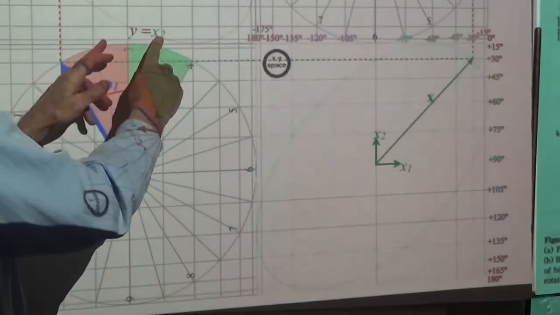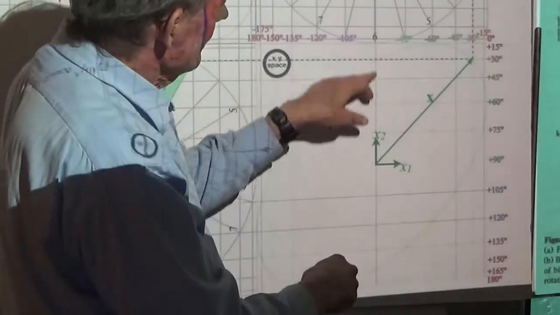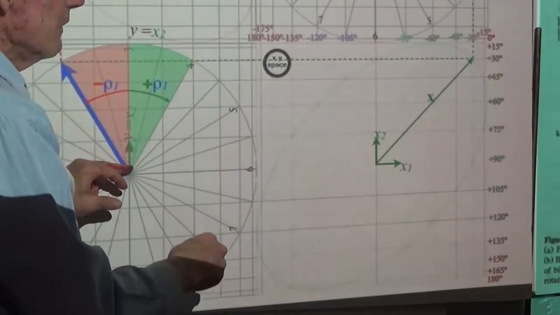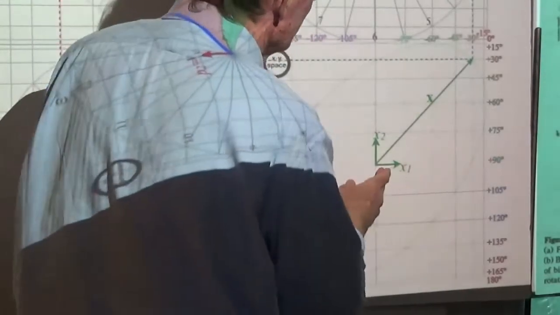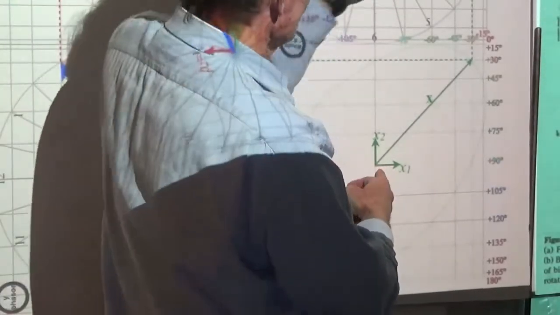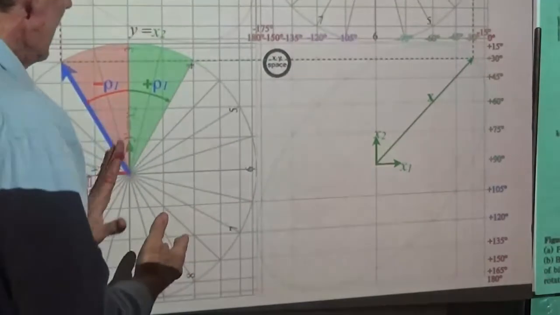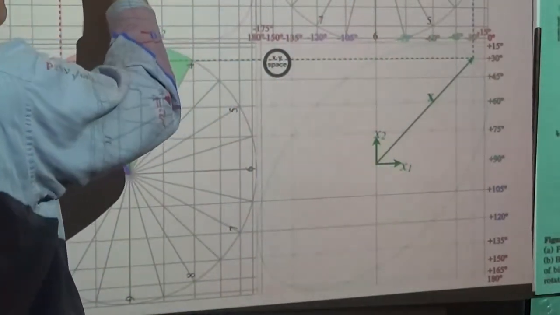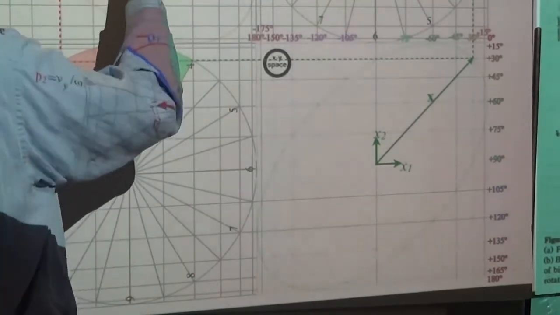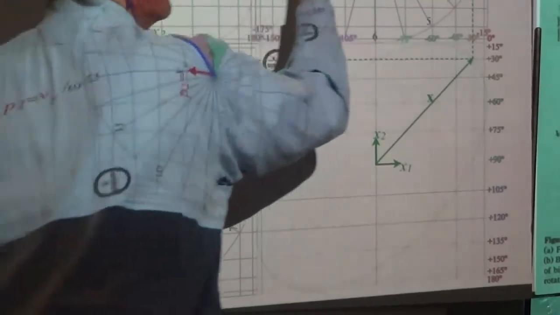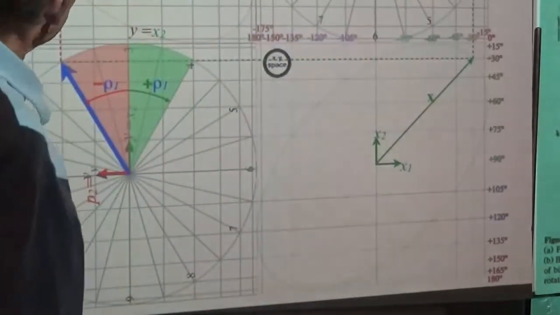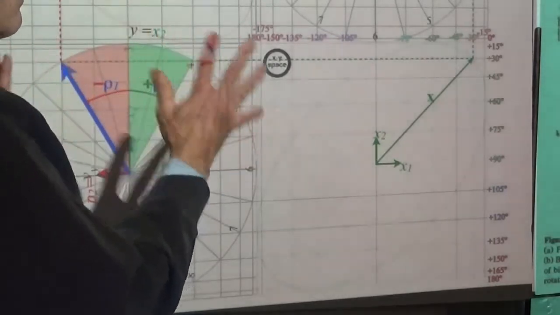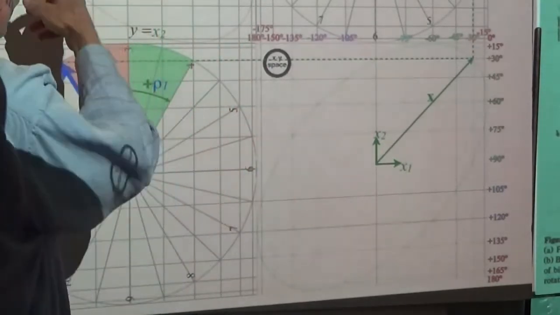So this is x2, just like this is, you see. So these two are the same axis here, and then this x1 right here is the same as this axis here. So those are the two real axes. And then the P1 and the P2 are over here, but turned so that they match. This P1 matches that P1, this P2 matches this P2. So you get both the position and the velocity plots out of this.